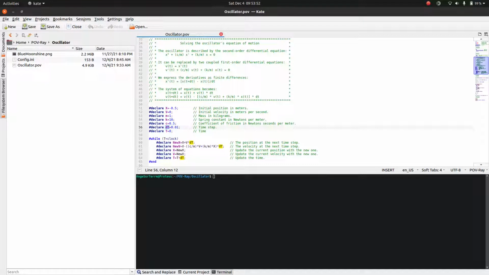dt will be our integration time step. So the smaller you make it, the more accurate the solution to the differential equation is. And t represents the current time. So in my simulation, I want to simulate the motion of the oscillator from time 0 to time 10.